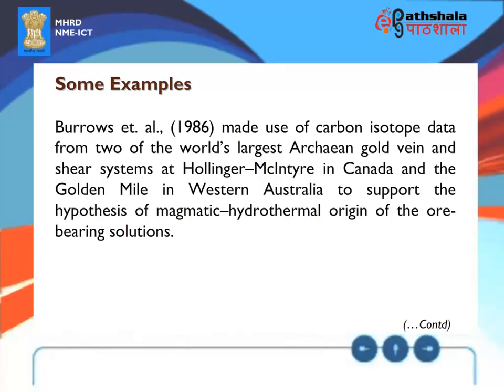Burrows et al. 1986 made use of carbon isotope data from two of the world's largest Archean gold vein and shear systems, Hollinger and McIntyre in Canada, and the Golden Mile in Western Australia, to support the hypothesis of magmatic hydrothermal origin of the ore-bearing solutions.